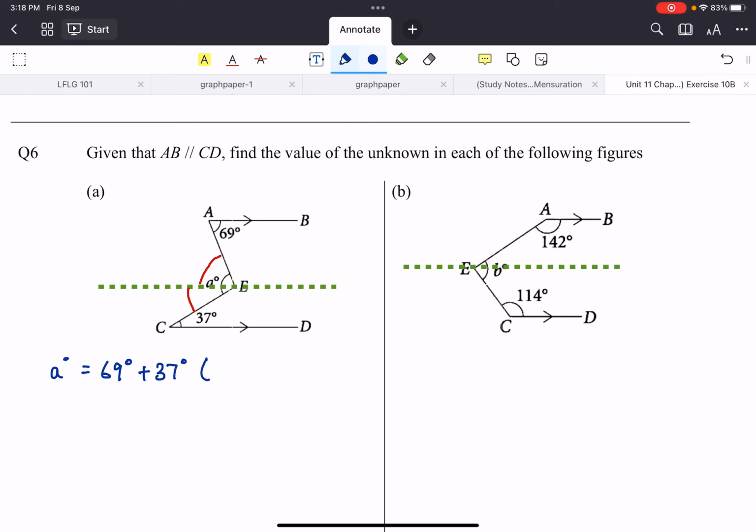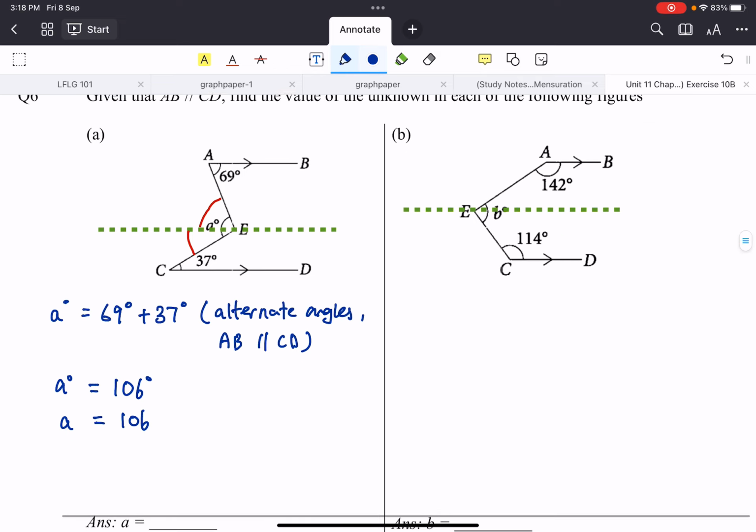And the reason is because of alternate angles, whereby AB is parallel to CD. Okay, and that means that A degree is 106 degrees. They want us to find the value, so A is 106.